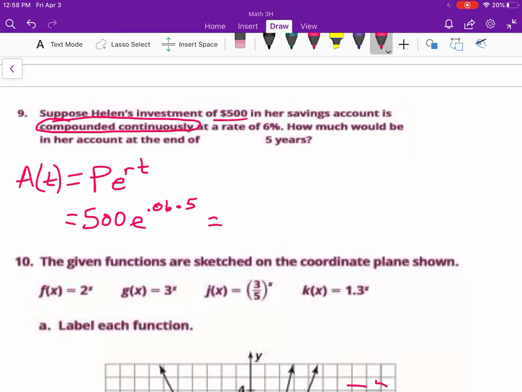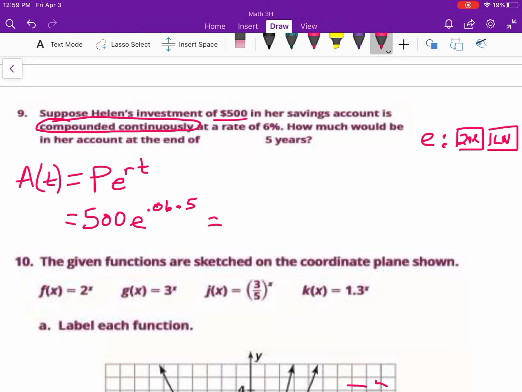Now, when you do this on your calculator, you've got 500. To get the e button, you hit the second key and then the LN key. That's in between the 7 and the 4, but to the left of it. So you'd hit second LN, and an e pops up with an exponent. So it sets it up for you. Then 0.06 times 5.